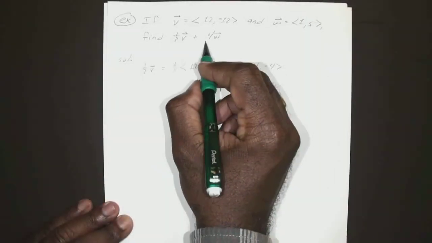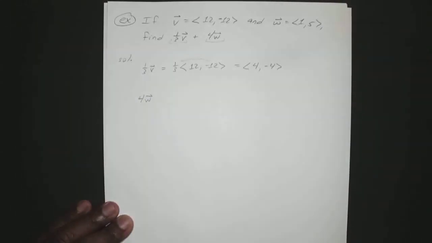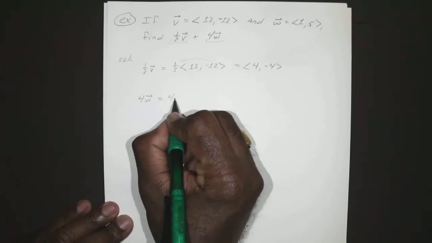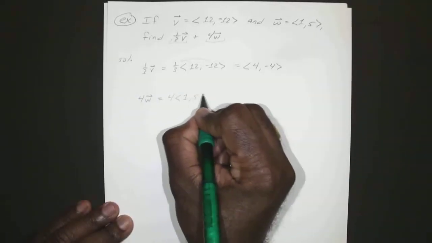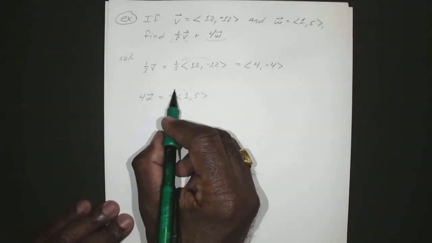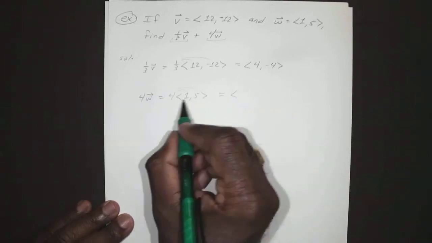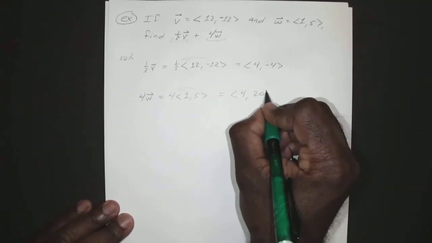Okay, so now we do the second term. 4 times the w vector is going to equal 4 times the vector with components 1 and 5. Which gives us the vector with components 4, and 4 times 5 is 20.